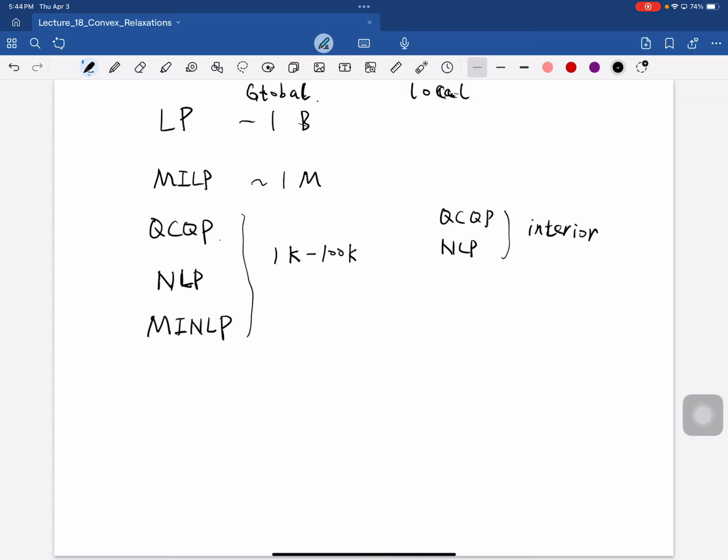So if you use interior point solvers, which are local solvers, to solve QCQP or NLP, you can talk about problems of roughly 1 million variables. Yeah, that's my overall impression. It could be outdated. We could update these numbers over the years.